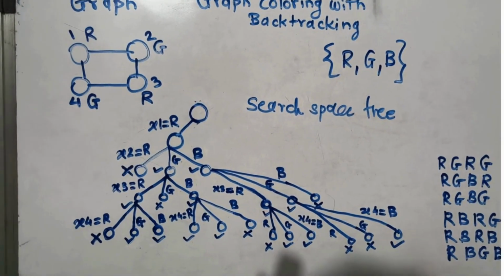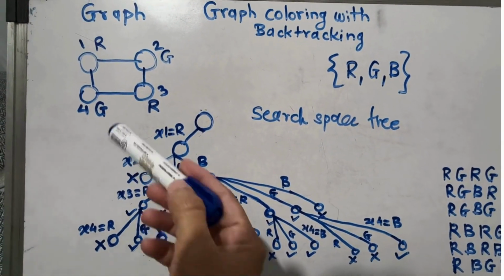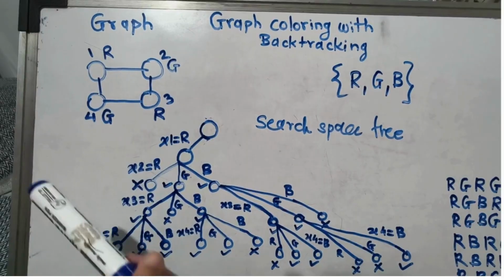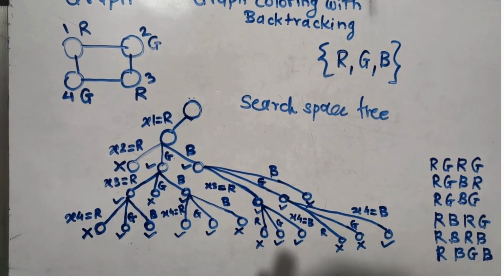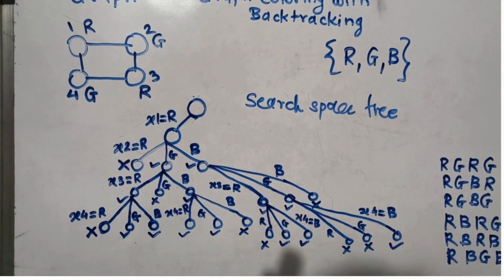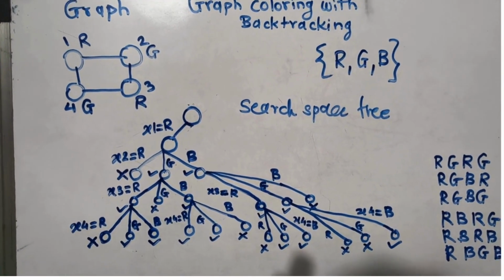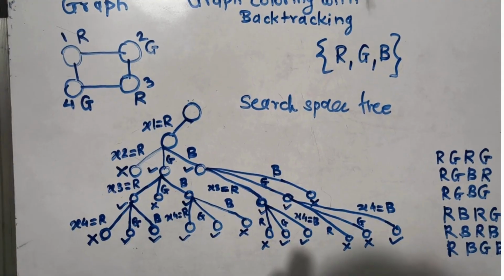So in this tree here we can see we have colored this graph using different combinations of colors. For this graph we need to find out the search space tree so that we will get all possible solutions for coloring this graph.